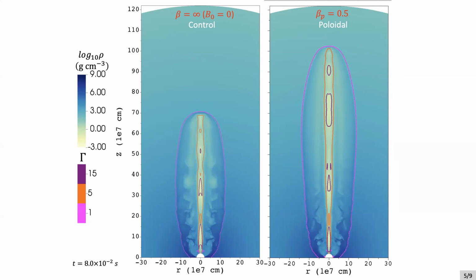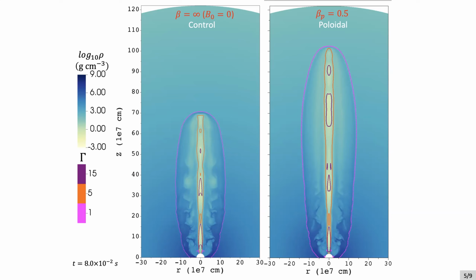In this part, we can see on the left the control case that I showed you before, and on the right one model with the poloidal magnetic field, where the beta of the medium is equal to 0.5. As you can see, there are a few differences between these two jets. The first one is that the jet in the magnetized medium evolves over a larger distance.